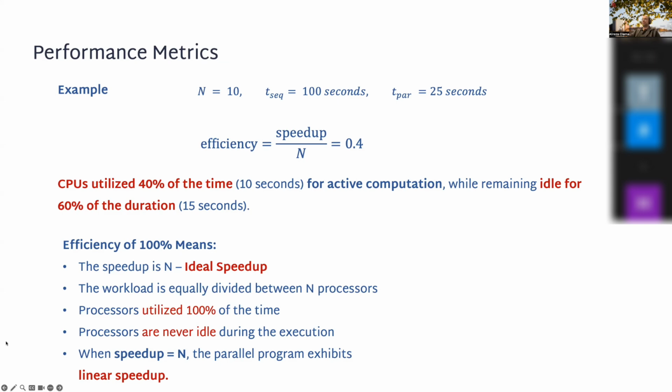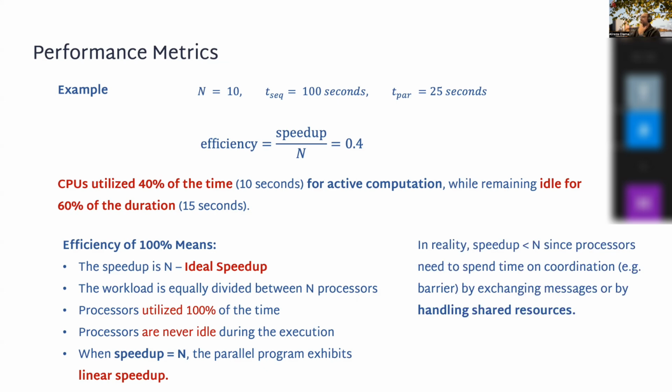So in this case, if our speed up is n and we are at the ideal speed up, we call this parallel program a program with linear speed up. The parallel program exhibits a linear speed up, which means your speed up increases linearly as you add more cores to your machine.